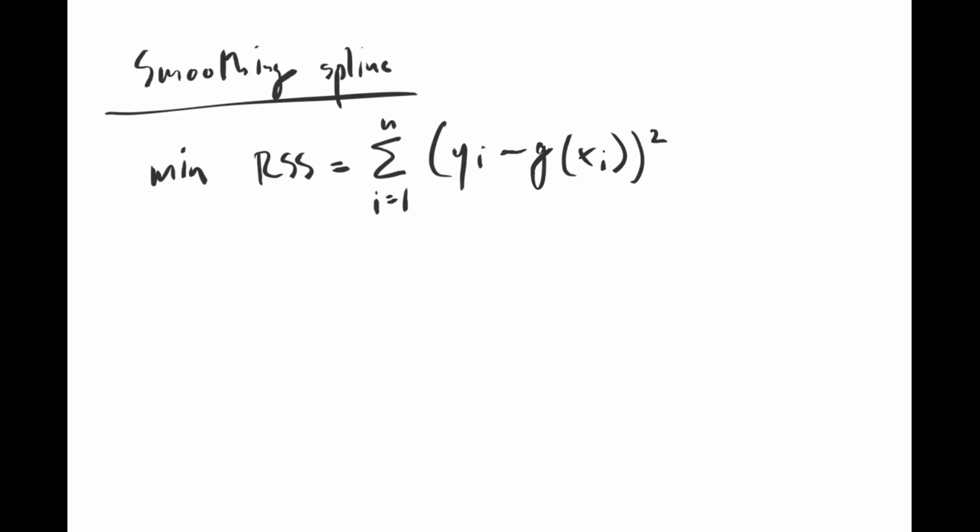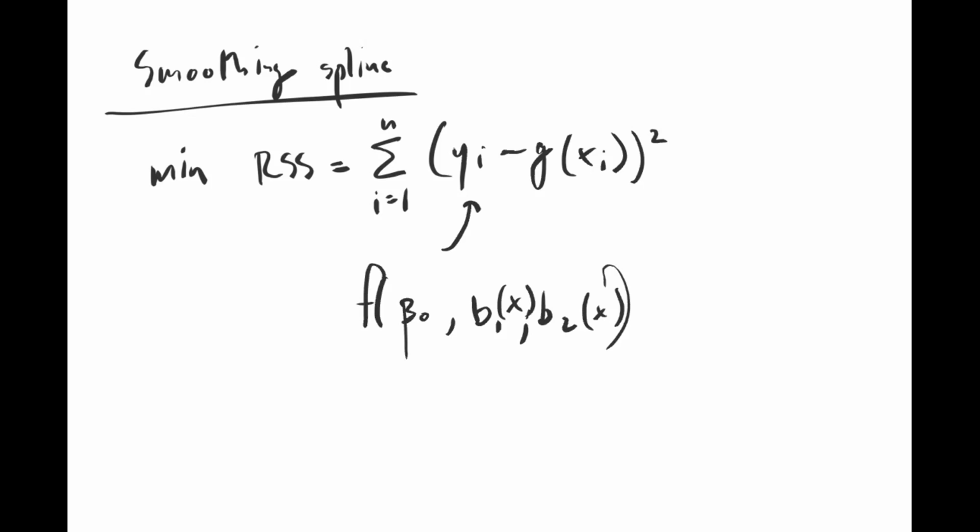We have this yi term, which is going to be including all of the basis function terms that I was referring to. So this includes, it's a function of your beta 0, b1, b2 of x1, right, of your x's, and so on and so forth.